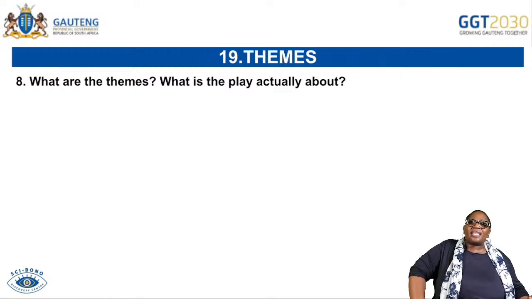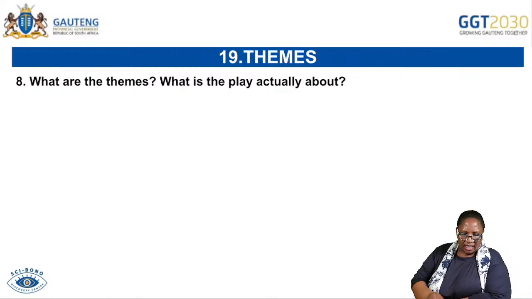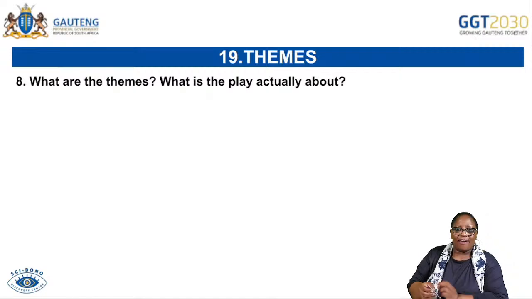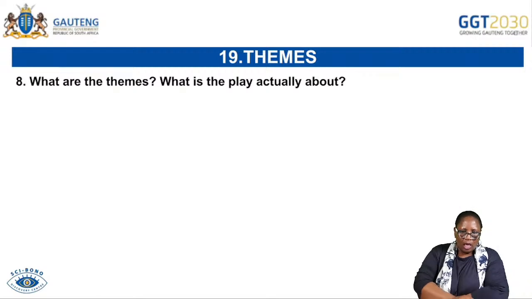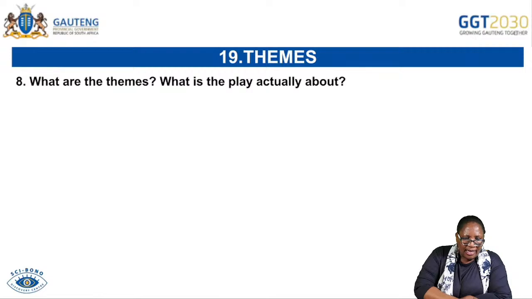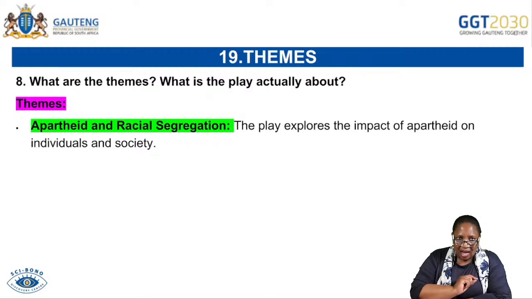What are the themes that we're going to learn about in My Children, My Africa? I'm sure you have noted a few themes. In our next lesson, I will explain what a theme is, and I'm sure your teachers have explained what themes are. The message of the story. Apartheid and racial segregation.